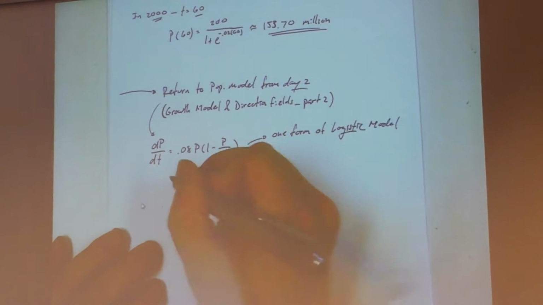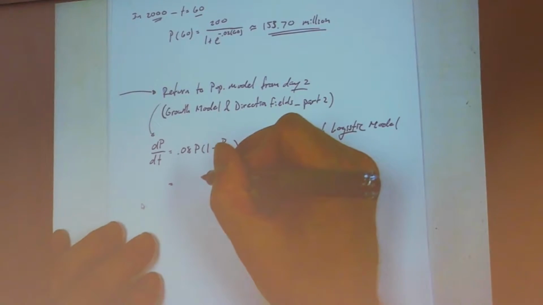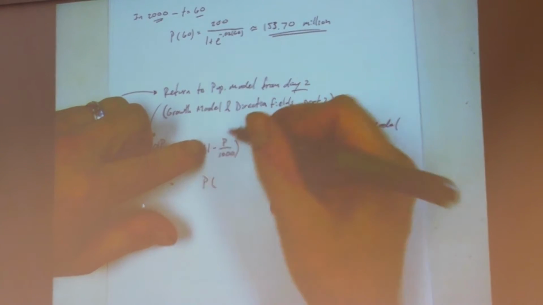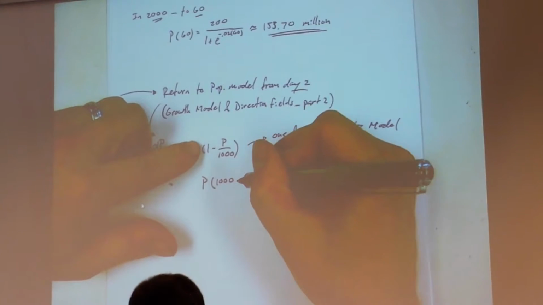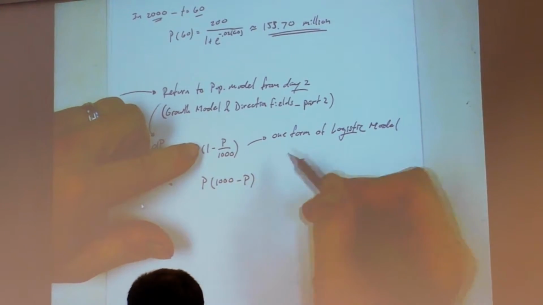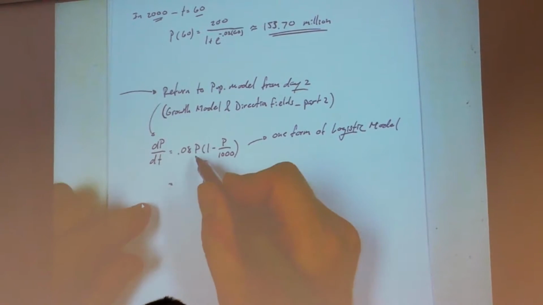All right. Now, an alternate form, like I said, is I could multiply both sides of this by 1,000. That would get that 1,000 out of the denominator, 1,000 minus p. But then alternately divide the outside by 1,000.